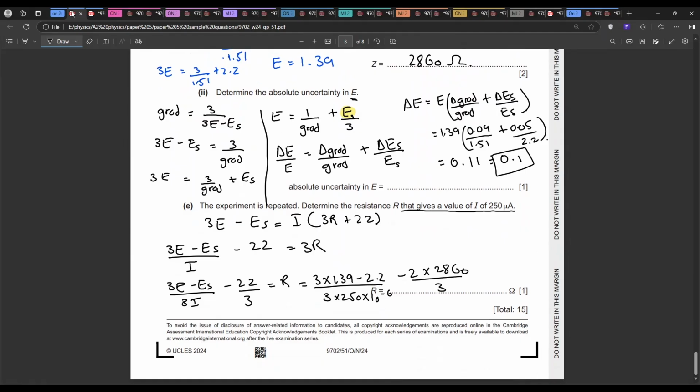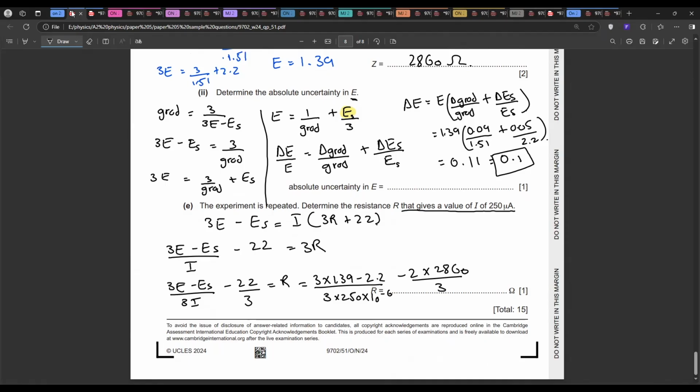Oh, why have I erased the fraction? My brain has started to freeze at the end of the video. 3 into 1.39 minus 2.2 divided by 3 into 250 into 10 raised to the power of minus 6, and minus the answer, that is 2 into 2860, perfect, divided by 3.